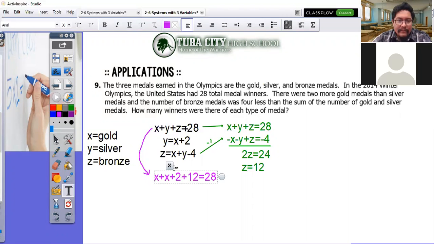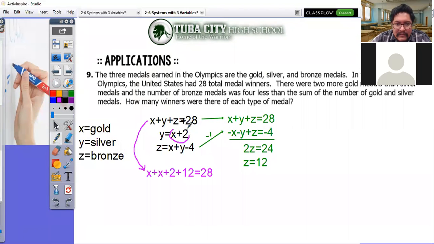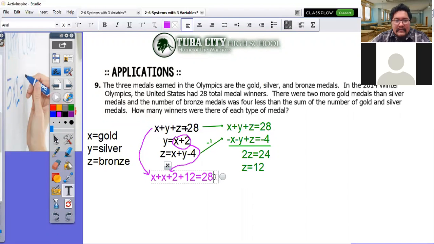There we go. So I guess it wasn't entirely useless, because now we're going to substitute this one, our x plus 2, just to show you where it came from. X plus 2 is this one right here. And that should allow us to get the second part.